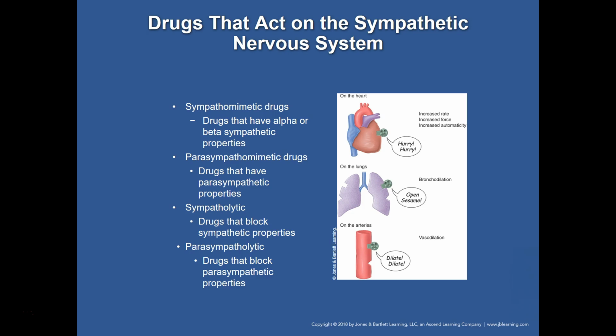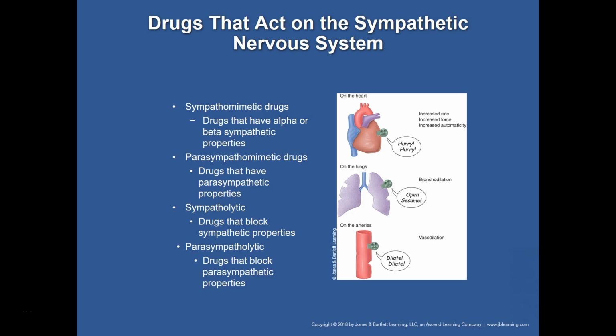I went ahead and threw in that there are such things as parasympathomimetic drugs, and these are drugs that affect the parasympathetic properties. There's also something called sympatholytics, meaning drugs that block sympathetic properties. So there are some drugs that are going to block those sympathetic properties. And there's also parasympatholytics, drugs that block those parasympathetic properties on the other side.